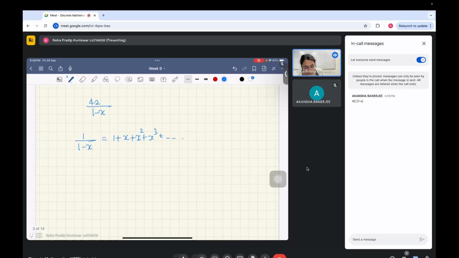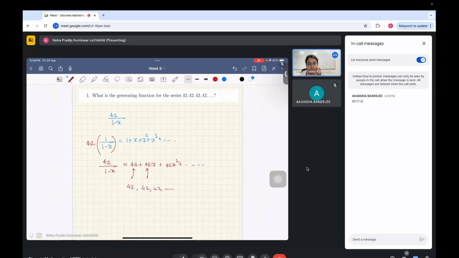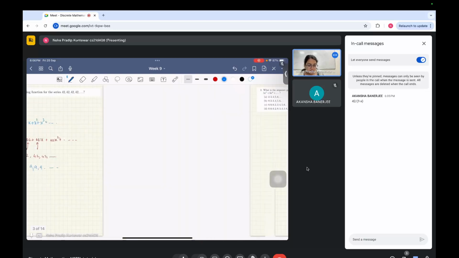So if you multiply this thing by 42, then 42 over 1 minus x is the same as 42 plus 42x plus 42x squared and so on, and that basically gives you the sequence 42 42 42 and so on. Good. So in general, you can replace 42 with any number a, and you'll get the sequence corresponding to a a a and so on.